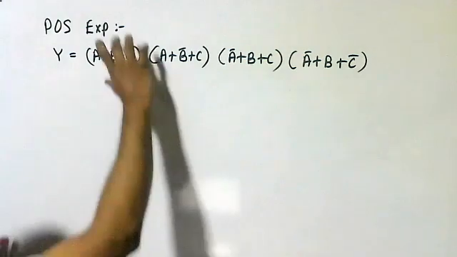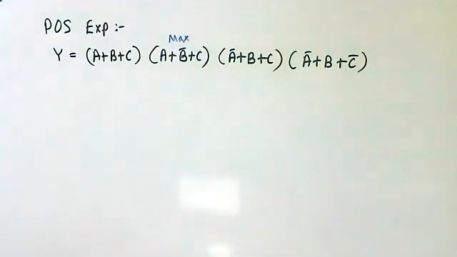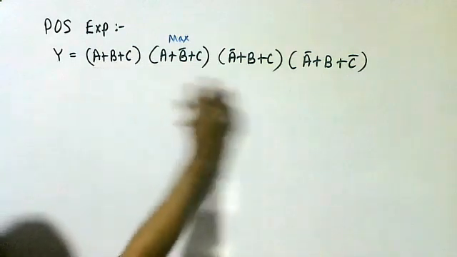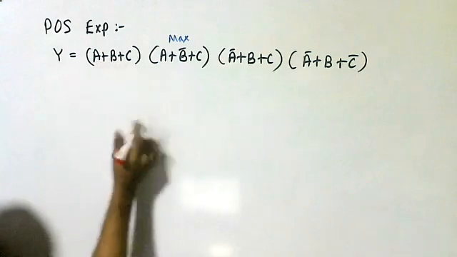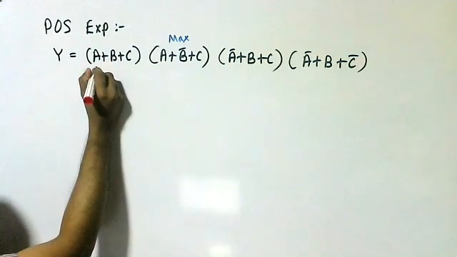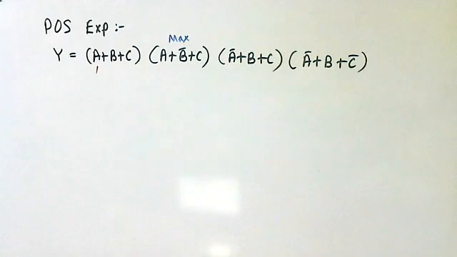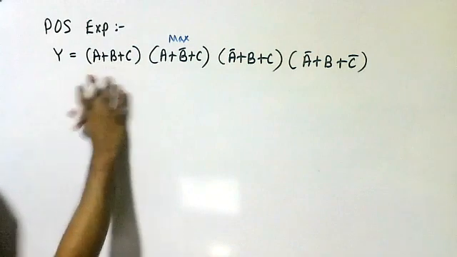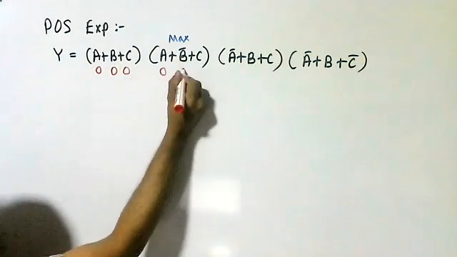So I'm going to mark these max terms in a Karnaugh map. Normally we are not marking zeros, but in some situations we can mark zeros in a Karnaugh map. I'm going to take the Boolean values for these variables. In a SOP expression, A means 1, but in a POS expression, the direct variable means 0 and the complement means 1.